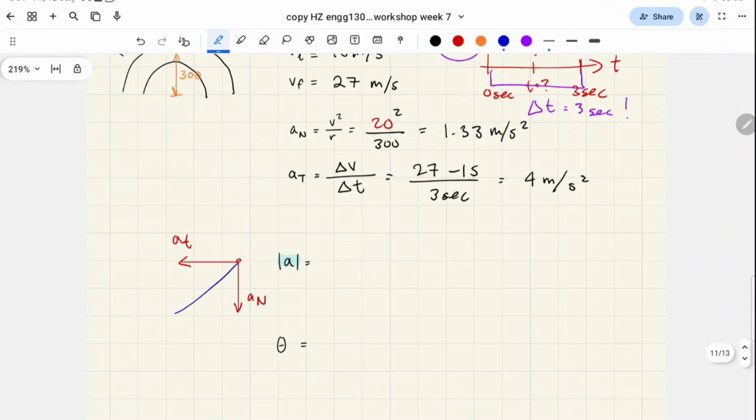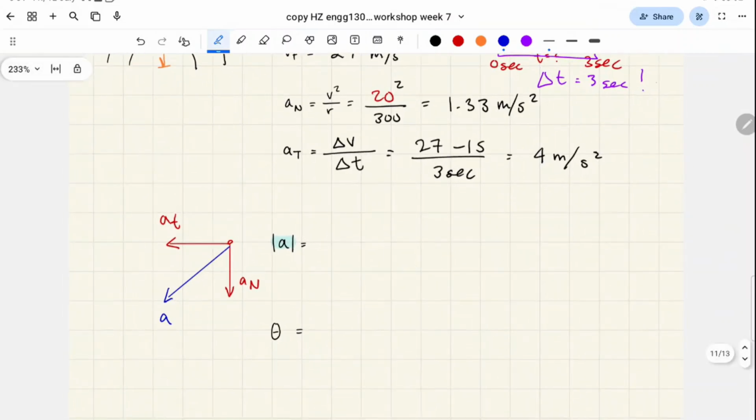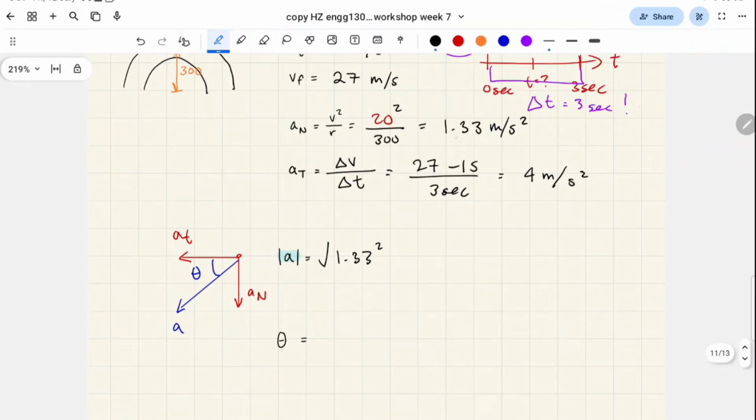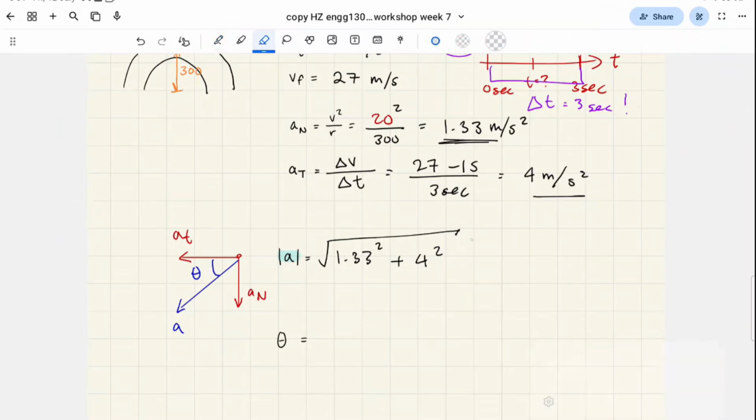And then what we're finding, which is A, the overall net acceleration, it's going to be diagonal, and we'll take this as that angle, right? So this is the angle away from the tangent. So that's going to be 1.33 and 4, and we're going to utilize Pythagoras and vectors and stuff like that to find that magnitude.